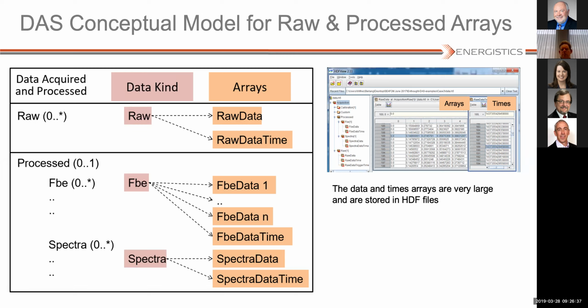Okay, so this is just a high-level conceptual model, and we're not going into all the details here. There will be a more detailed webinar later where we talk more about how we implement this in software. So here we keep it fairly high level. What you see on the left is the three different types that we have implemented at the moment in the standard. A raw representation, where the arrays are the data and the times corresponding to the data.